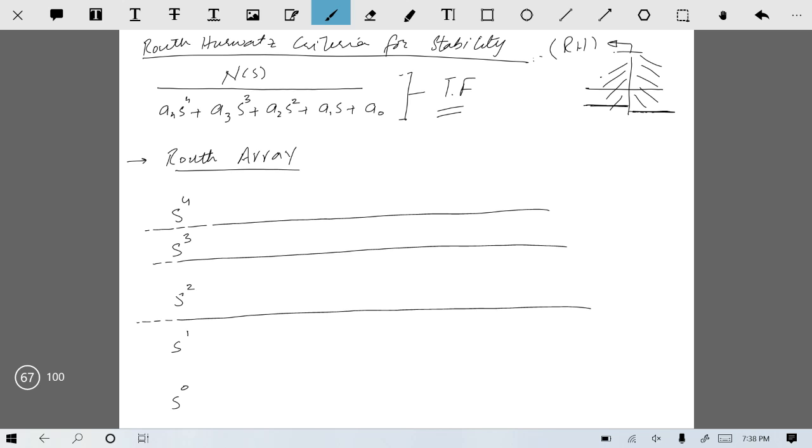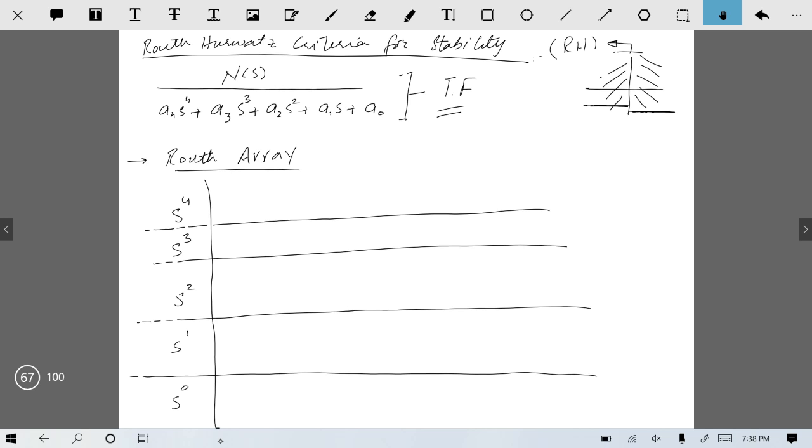I am basically making a Routh array. You have written the maximum power of S in the denominator over here, and then write all the powers of S vertically in the first column.